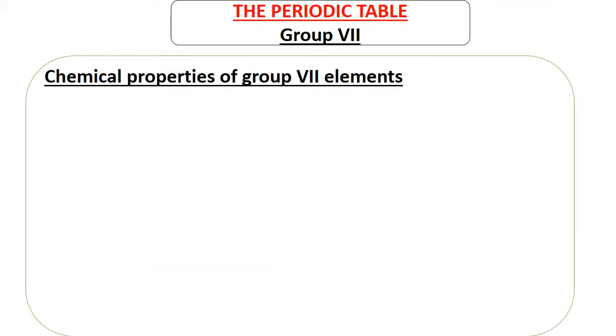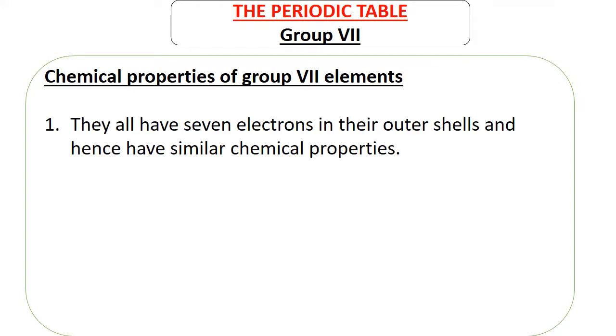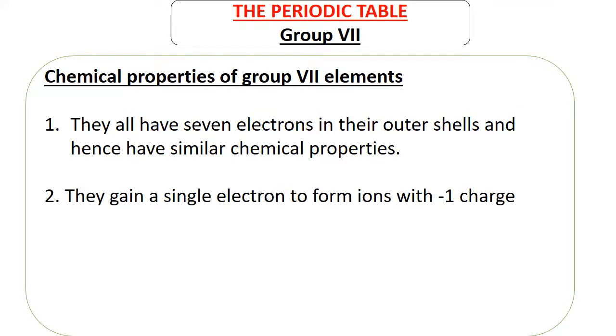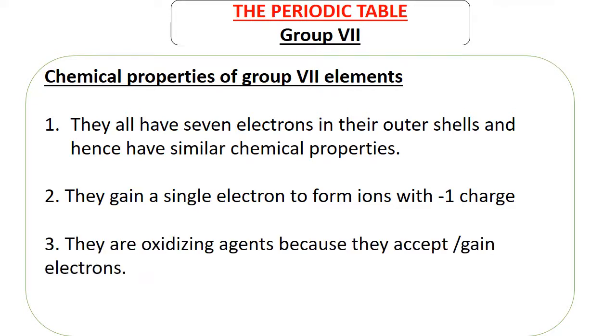Let's take a look at some chemical properties of group 7 elements. First, they all have 7 electrons in their outer shells and hence have similar chemical properties. Second, they gain a single electron to form ions with a -1 charge. This we know. They are oxidizing agents because they accept or gain electrons.